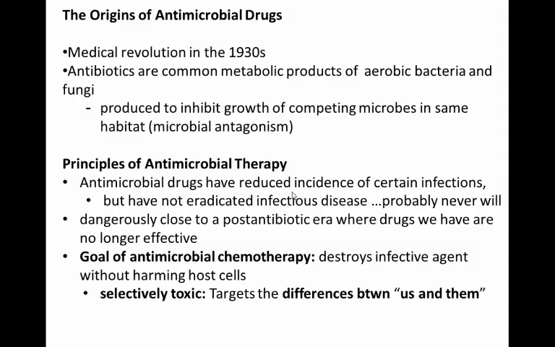So this begins with a little bit of history. The medical revolution in the 1930s with Alexander Fleming's discovery of penicillin as a usable antibiotic, and then the mass production of antibiotics to make them available to the general public. Antibiotics themselves are common metabolic products of most aerobic bacteria and fungi.